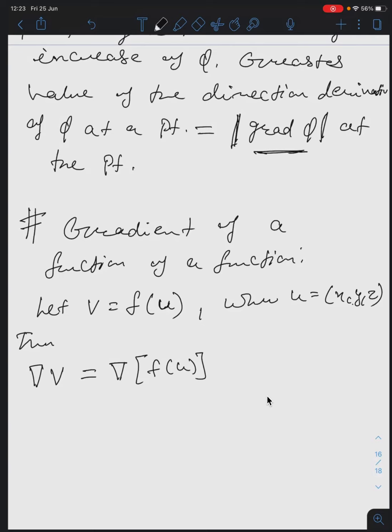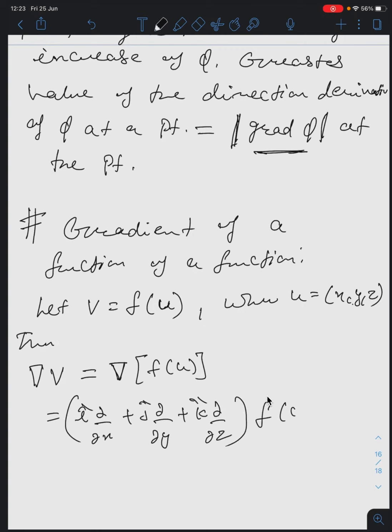According to our definition of gradient, this is i cap dou by dou x plus j cap dou by dou y plus k cap dou by dou z. This is our operator del applied on f of u. So first you will apply this operator on f, not u. Is it or not?